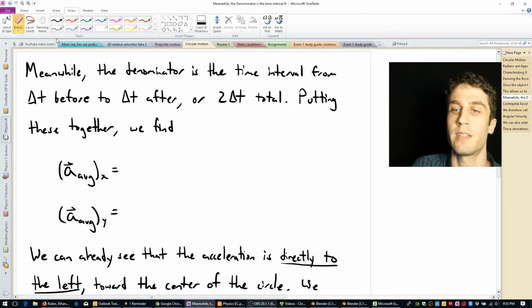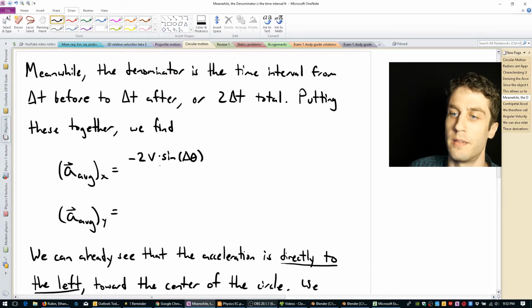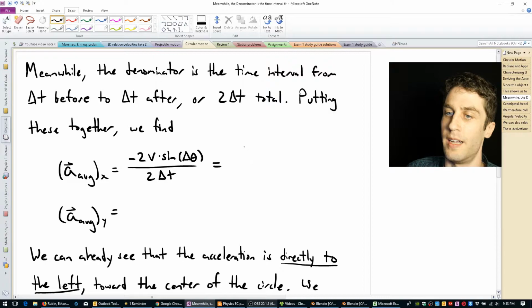Okay, but putting this all together, we find that the x component is, in the numerator, we had negative 2 v sine delta theta divided by 2 delta t, which is, those 2's are going to cancel, and we'll get negative v times the sine of delta theta divided by delta t.